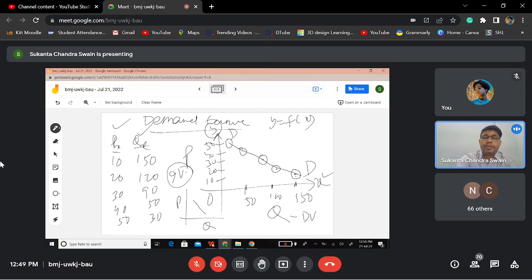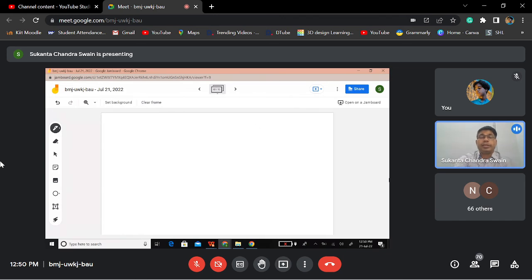Q, P, this is the demand curve, a downward sloping curve. It means there is an inverse relationship between P and Q. As P is increasing, demand is decreasing.